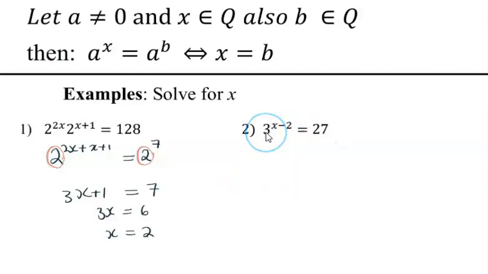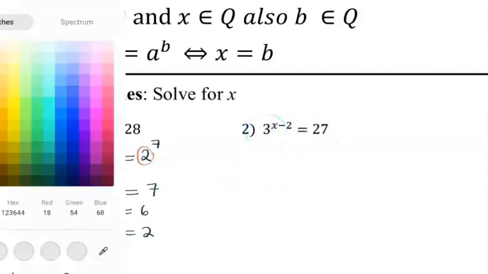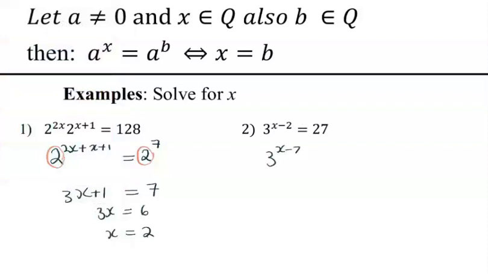Here, on the left-hand side, we have 3 to the power of x minus 2. So our attempt will be on the right-hand side to find 3 to the something. In this case, 3 to the 3 is the same as 27. So again, the base here and the base there is exactly the same.